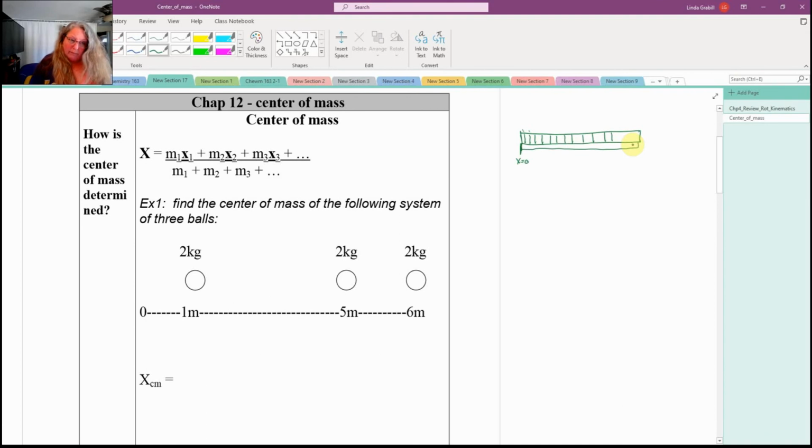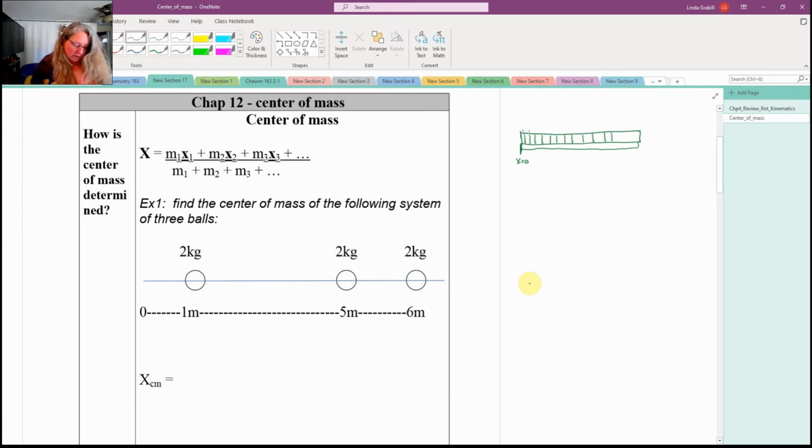So we're going to start off with, instead of doing a bar, these arrangements of masses placed on, and then let's go ahead and make a line here. I'm going to have all of these masses placed along this line.